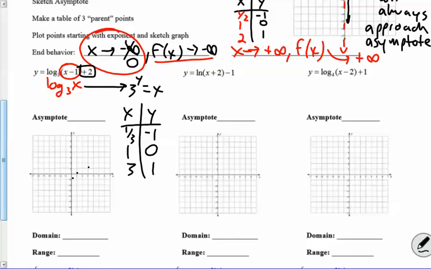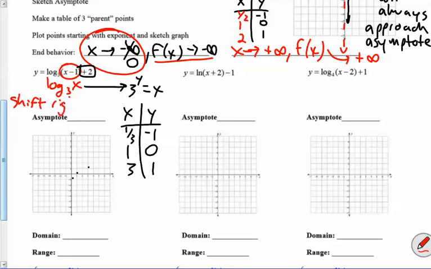Okay, I wasn't following my own advice, and I never graphed the asymptote. So you should be able to find the asymptote first. Given that x minus 1 means that the graph is shifted to the right one, everything shifts to the right one, including the asymptote. All the points of the graph and the asymptote shift to the right one.